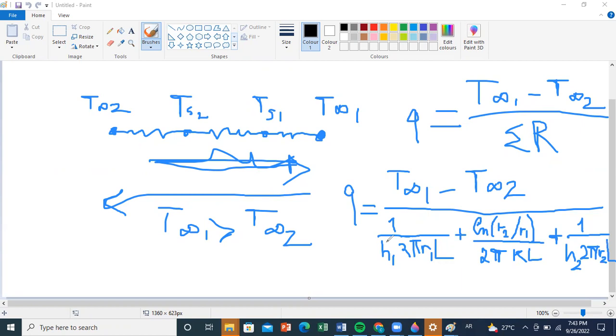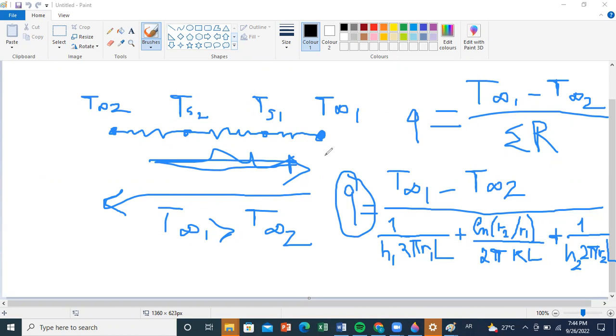We have everything in this equation. So all we have to do then is to replace and get the value of Q. And once we get the value of Q, then it becomes very simple to proceed. So when we get the value of Q, we can calculate all temperatures.